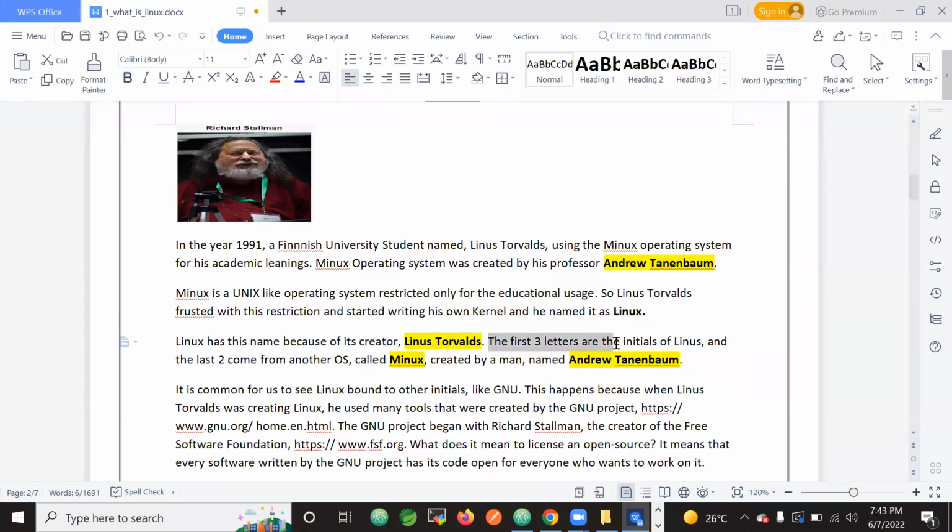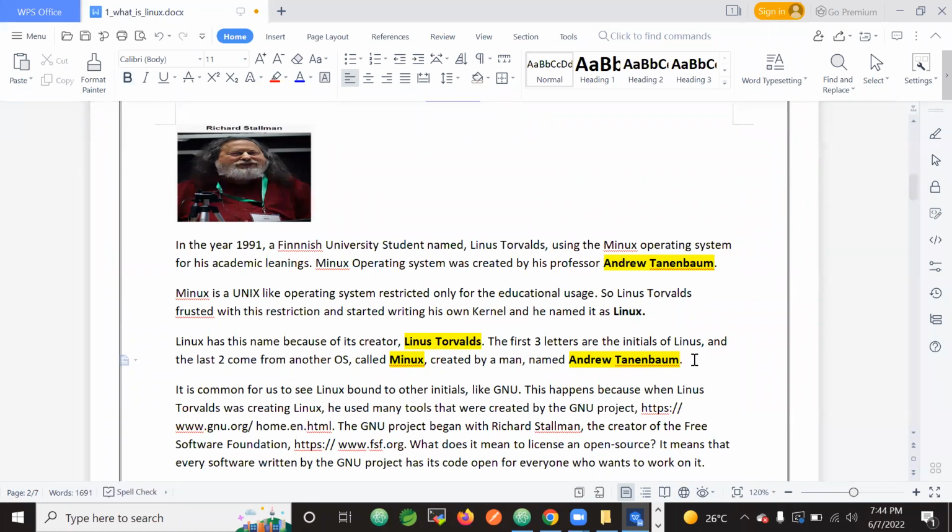The first three letters, LIN, are the initials of Linus, and the last two letters come from the Minix operating system, created by a man named Andrew Tanenbaum, who is his professor. Because he used that operating system, he got frustrated and created this kernel, so he gave this open source kernel the name Linux.